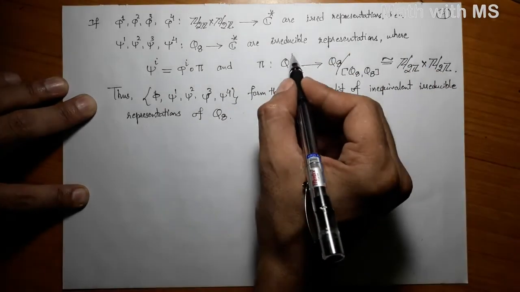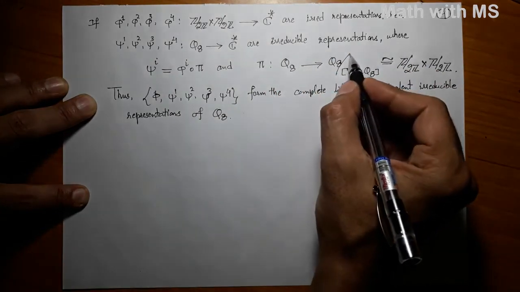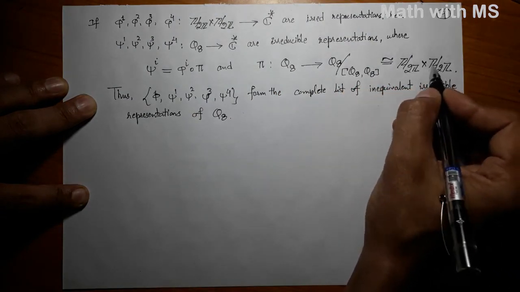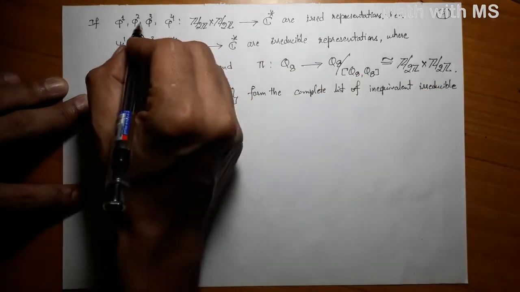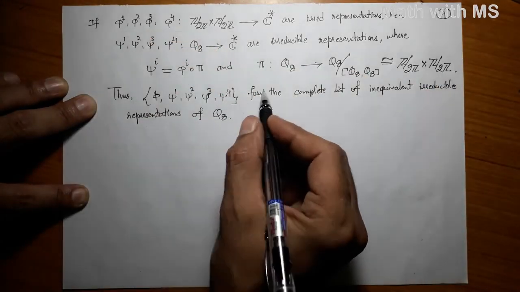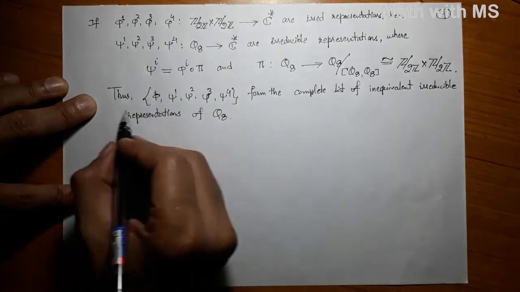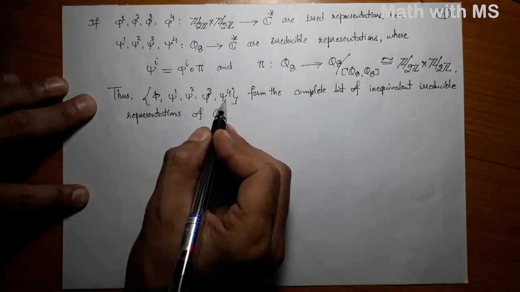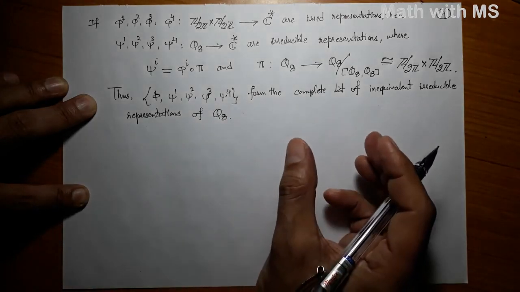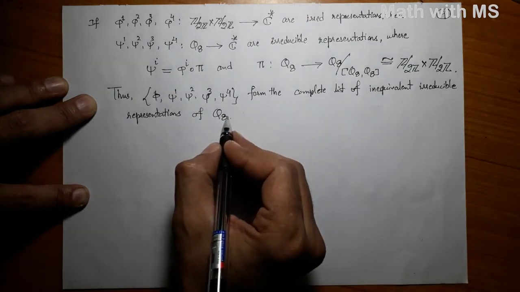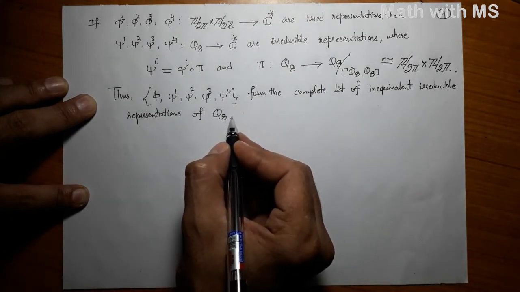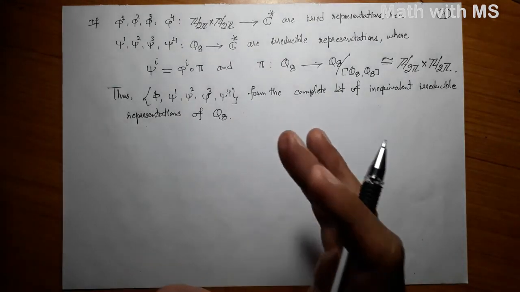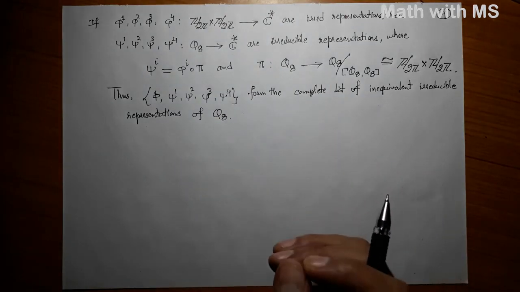So you take any element of the quaternion group and map it to its coset, which you identify with an element of Z mod 2Z times Z mod 2Z by this isomorphism, and then apply the phi i's. Then all these psi i's are also irreducible, and therefore psi 1, psi 2, psi 3, psi 4, together with phi, is the complete list of inequivalent irreducible representations of the quaternion group Q8.